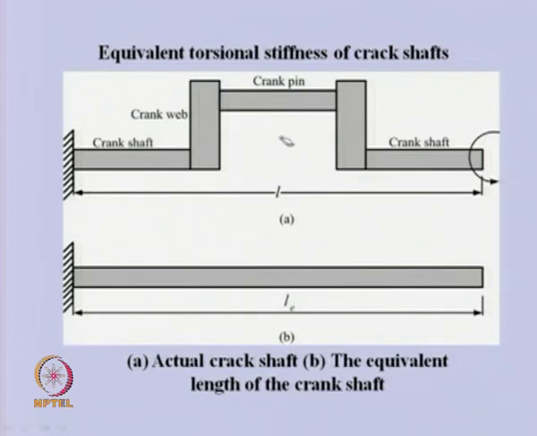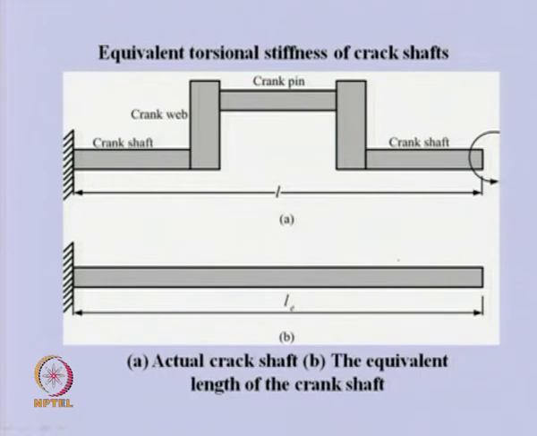If we do it experimentally, we can give some twist, and from there we can get the torsional stiffness of this particular crank, and from that we can get the equivalent uniform shaft.